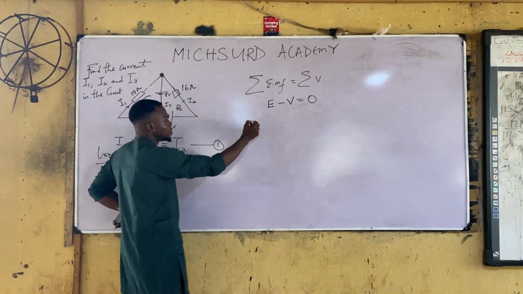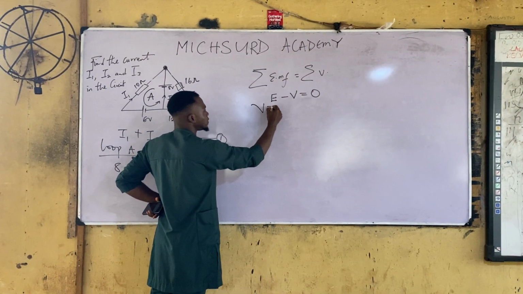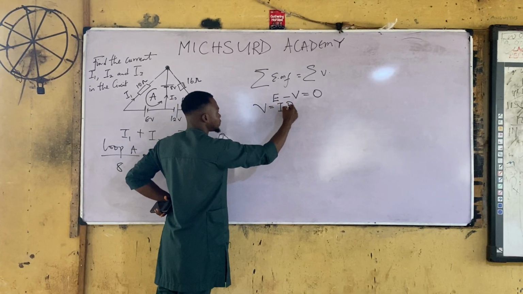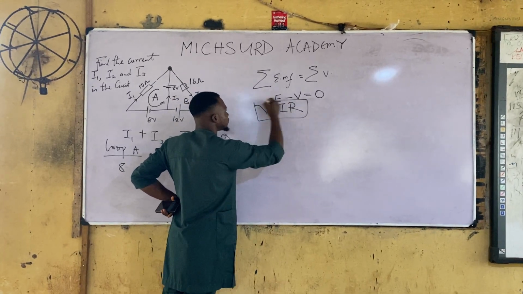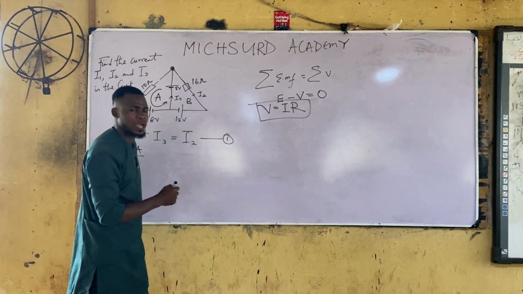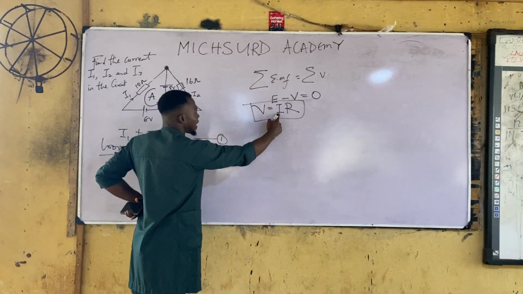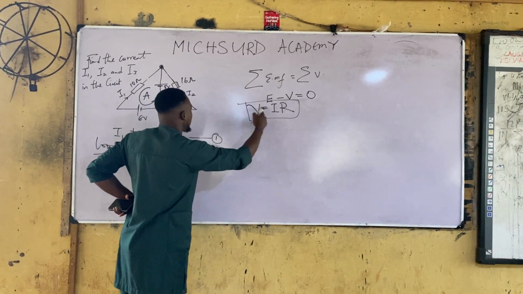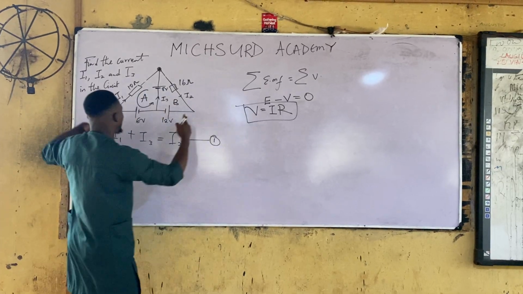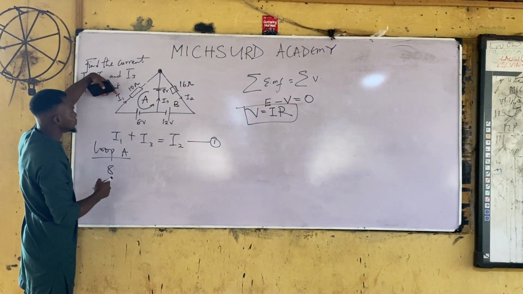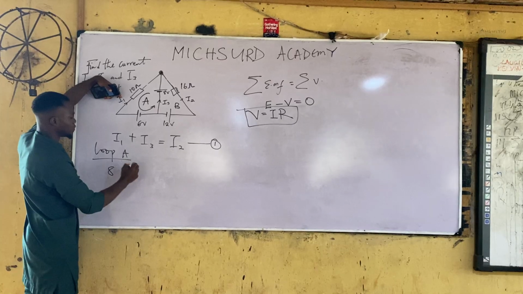Now, take note, the potential drop V is equal to IR. That is from your Ohm's law. V equals IR. So we multiply the current and the resistance, and we get the potential drop. So let's go. We multiply 10 times I1, which gives us 10 I1.